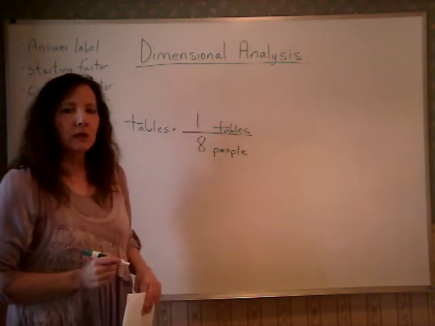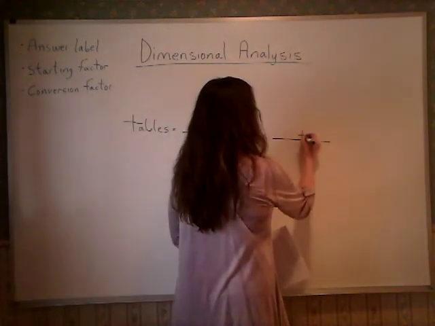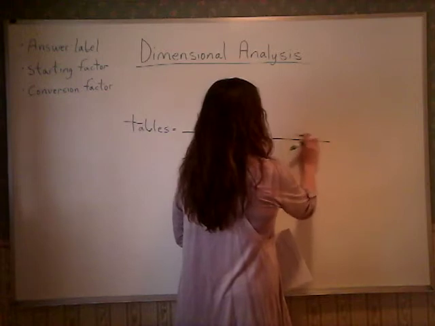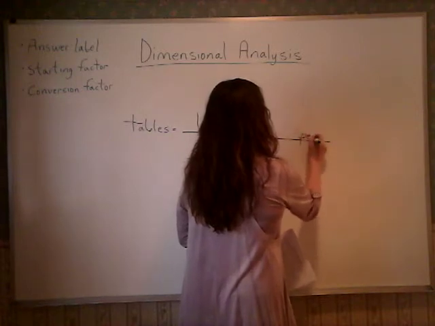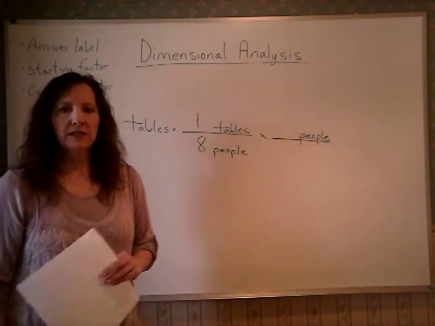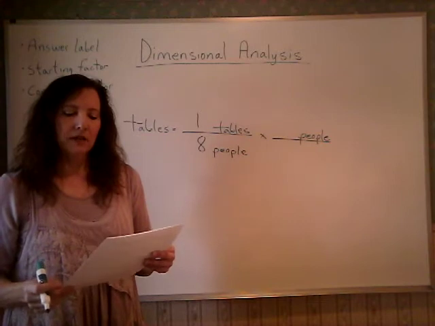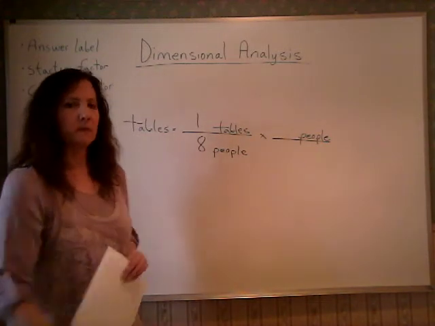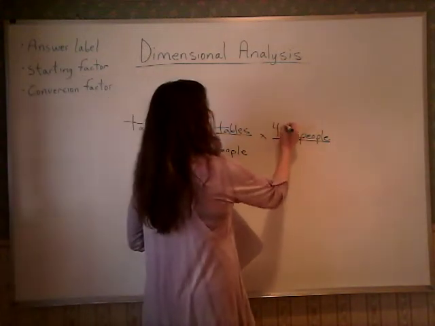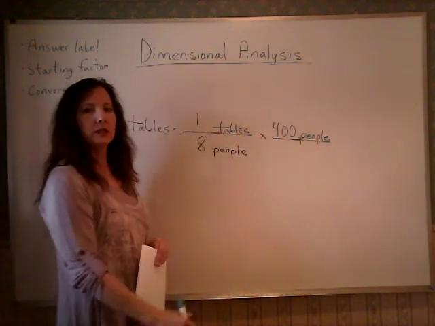Before I go back to the problem, I'm going to draw a times sign. Put people in the next factor. And I go back to the problem and it's asking about seating 400 people. So I'm done, and I put a 1 in the denominator.